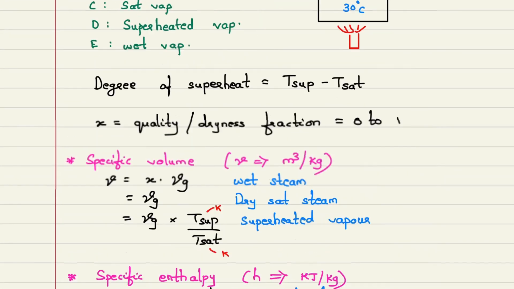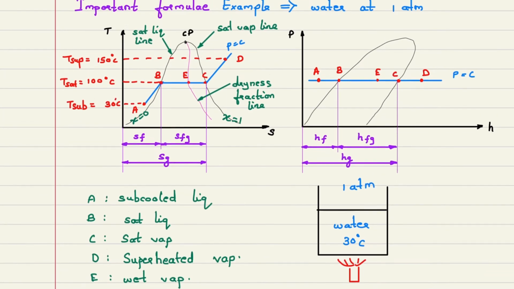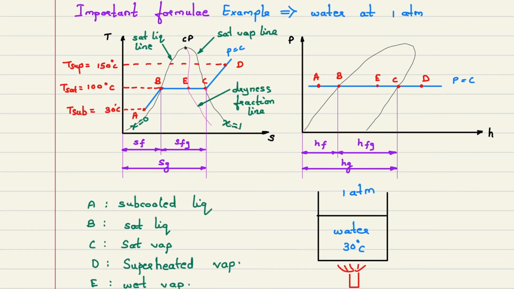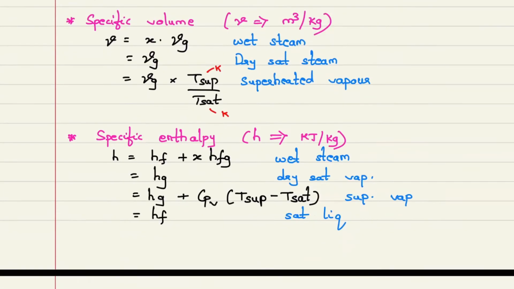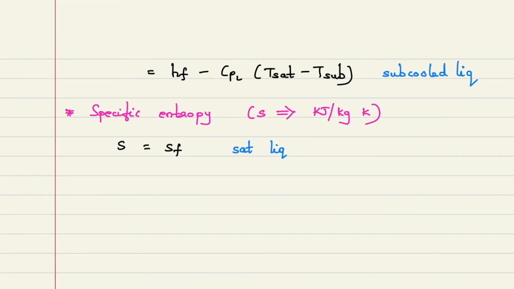Then if you consider point C, this total distance will be Sg. So S is equal to Sg for saturated vapor. Then S is equal to Sf plus x Sfg for wet vapor.